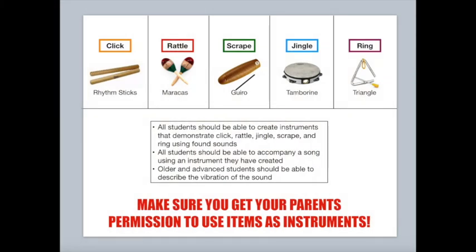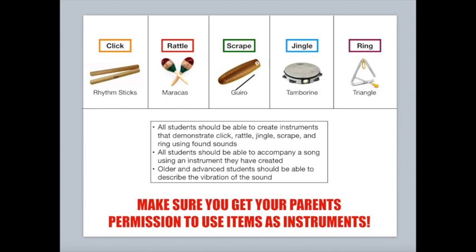So to review, today we've been talking about the different timbres that unpitched percussion instruments make and how we can go about our house and look for found sounds that make the same sounds. So to review, the first timbre we covered was click, and we used rhythm sticks. The next timbre was rattle, and we used maracas.